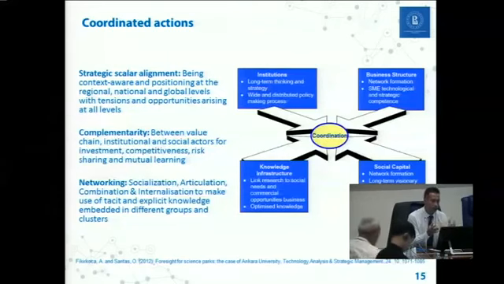And this is not only for industrial value chains, this is also for service value chains, and to create all sorts of technological and social innovations. We also need networking between them for socialization, articulation, combination, and internationalization, to make use of tacit and explicit knowledge and to bring them together. So there's a role for everyone when it comes to the actors in the system.